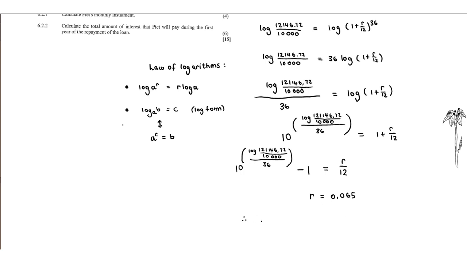Therefore, the interest that was charged is 6.5% per annum, compounded monthly.